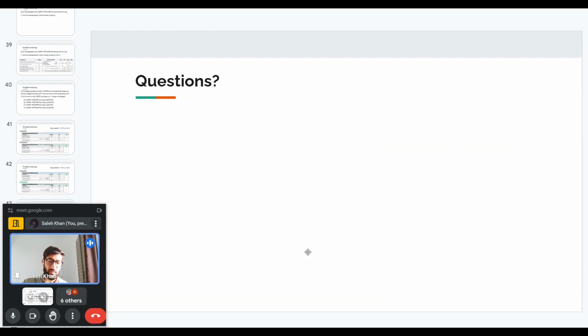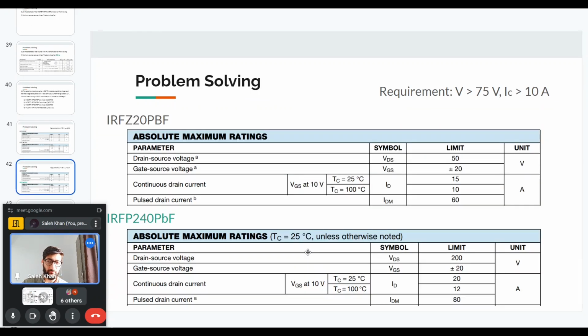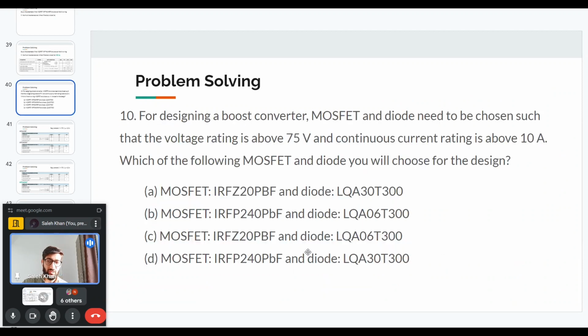The output voltage of the boost converter will be such that the voltage that will be applied on the switch will come out to be somewhere around 75 volts.